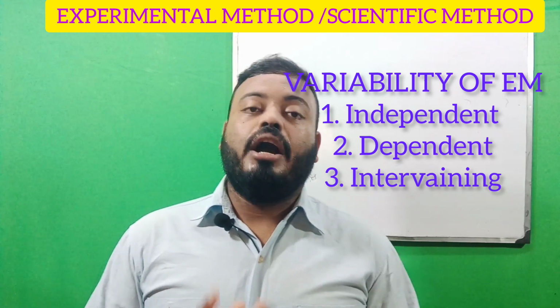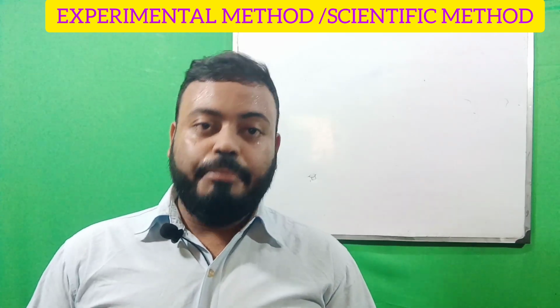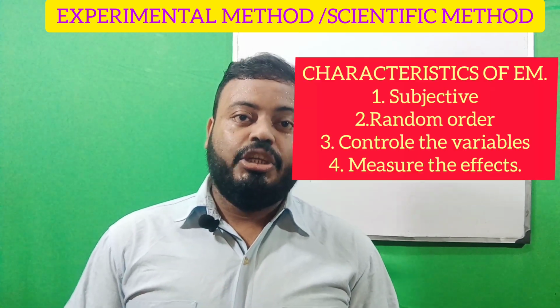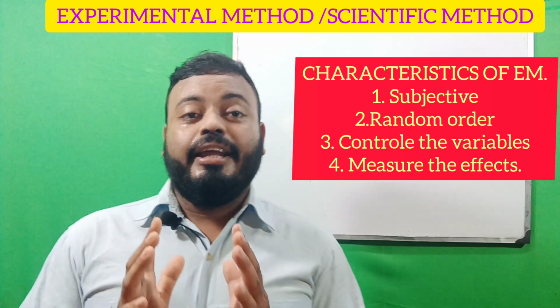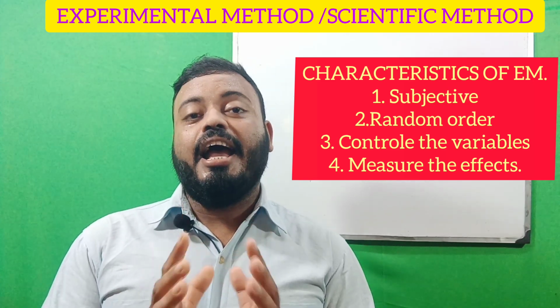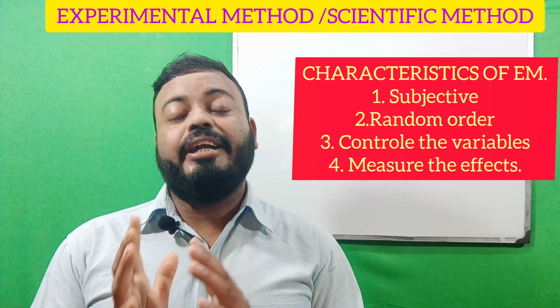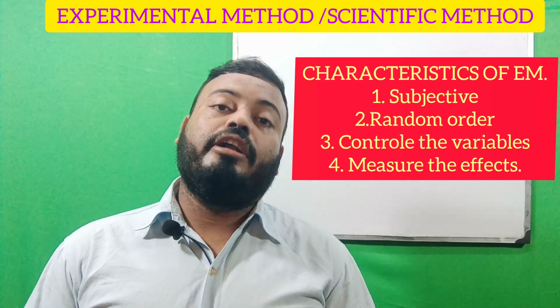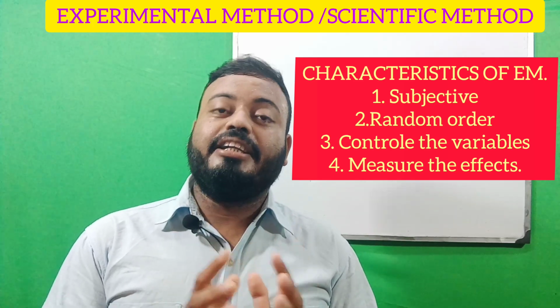Now I will discuss another part of the experimental method, its characteristics. At first, the experimental method basically has a subject. The experimenter depends on the subject on which the research is based.